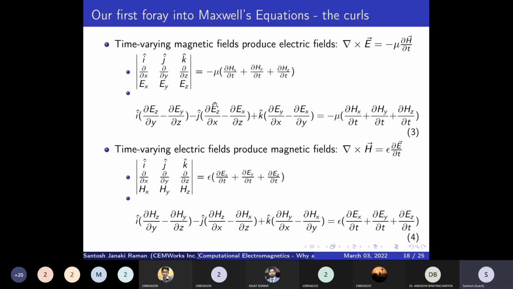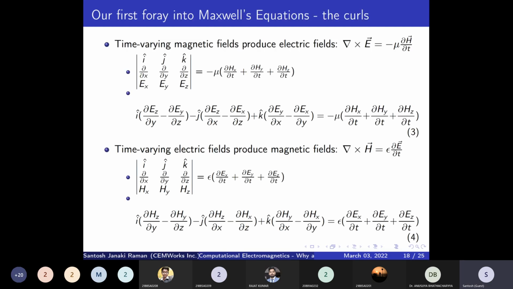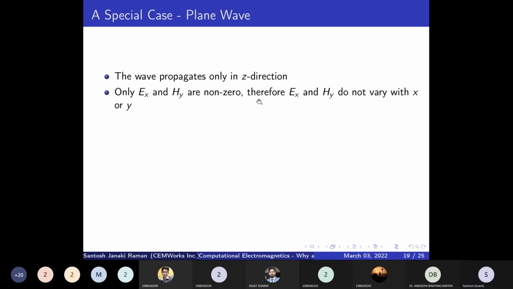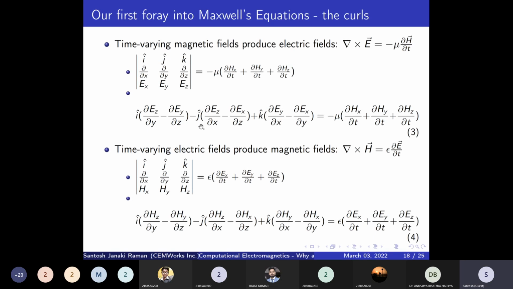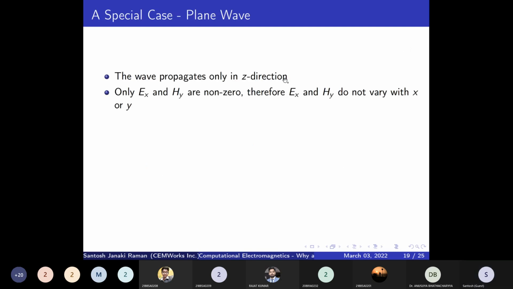But for the sake of this presentation, assume that we only take a very specific case, a plane wave case. That is, the wave propagates only in the z direction, and only Ex and Hy are non-zero. When you put all those conditions in, Ex and Hy do not vary in x or y.